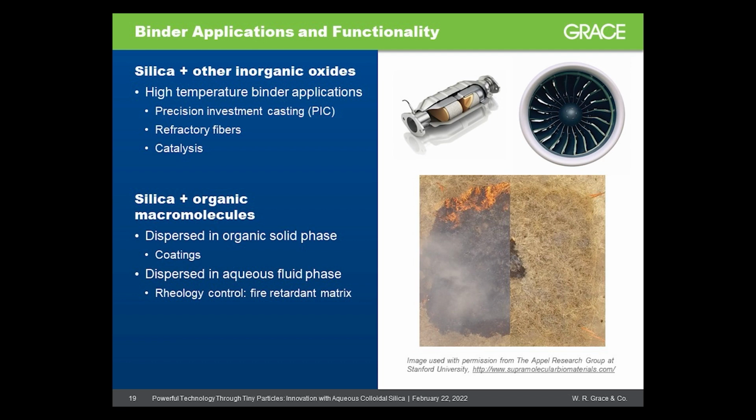Finally, we will highlight the unique features that the nanoparticles can impart in a hydrogel system in the fluid phase. This chemistry is relevant for some newer applications, such as in fire retardant systems. The image shown demonstrates how effective these systems can be by the relative burn areas of untreated and treated mowed grass.